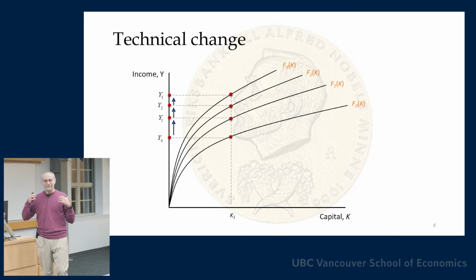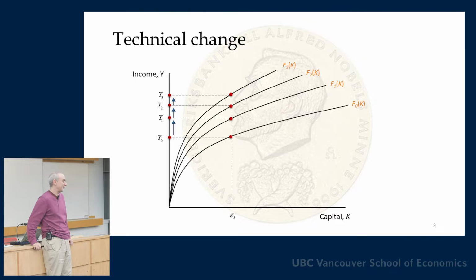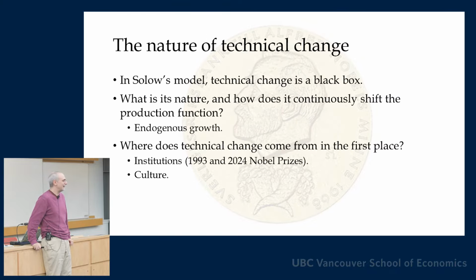But even then, Solow's model is limited because it doesn't tell us where technical change comes from. Okay? Technical change is a black box. It's like the shape of the production function.